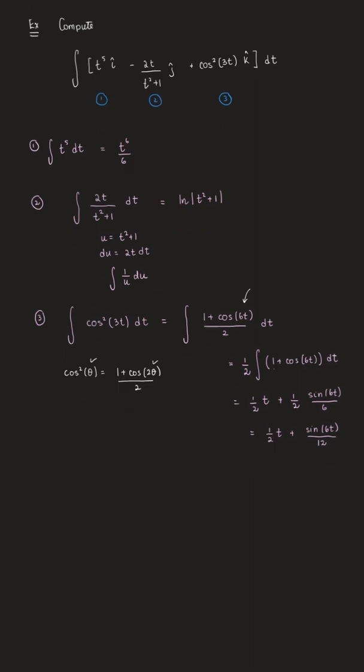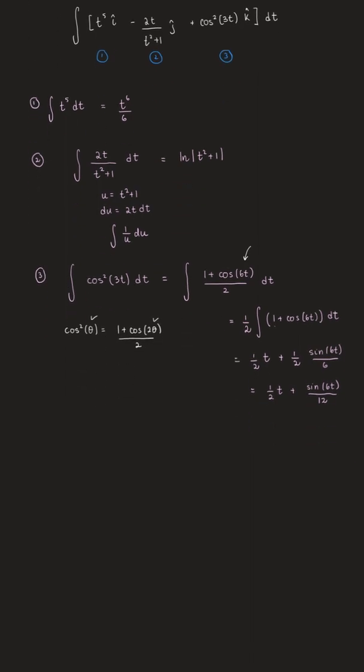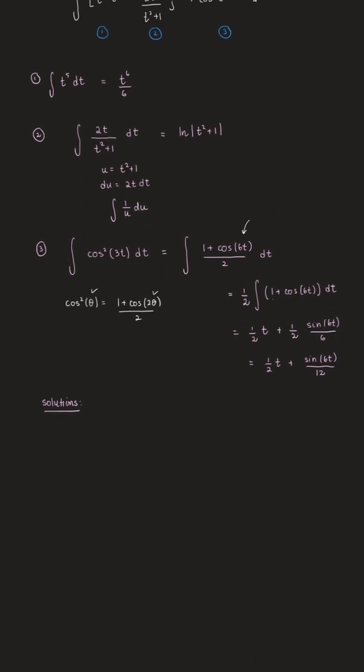Now putting it all together for our result, our solution will be a vector whose components are the antiderivatives that we just found. The first was t to the 6th over 6, and this is our first component of our vector function. The second is the natural log of t squared plus 1. That is our second component.